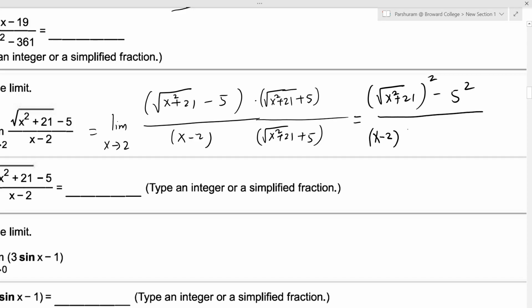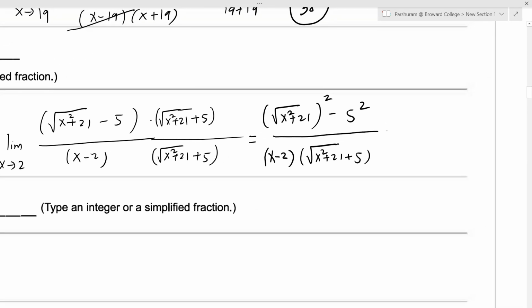So that means I can write the square of this term minus the square of 5, over, I don't have to do anything here, just write this as it is and simplify what we have on the top part. If you square things on the top part, it would be x squared plus 21 minus 5 squared, which is 25, over this factor here, x minus 2, and then square root of x squared plus 21 plus 5.